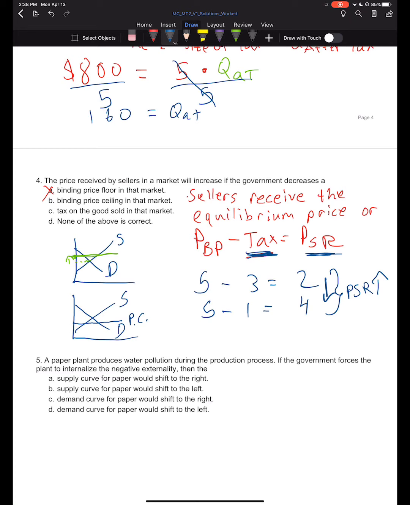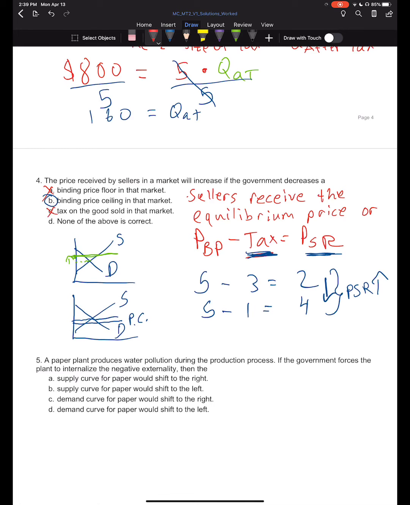If I decrease the price ceiling, that actually means there's less of a price ceiling, which moves the price ceiling up, which is actually going to raise the price sellers receive. I realize the wording here is a little rough. I will try to avoid wording like that in the future. When you decrease a price ceiling, you're actually raising the price in that market because you're not actually moving the ceiling lower.